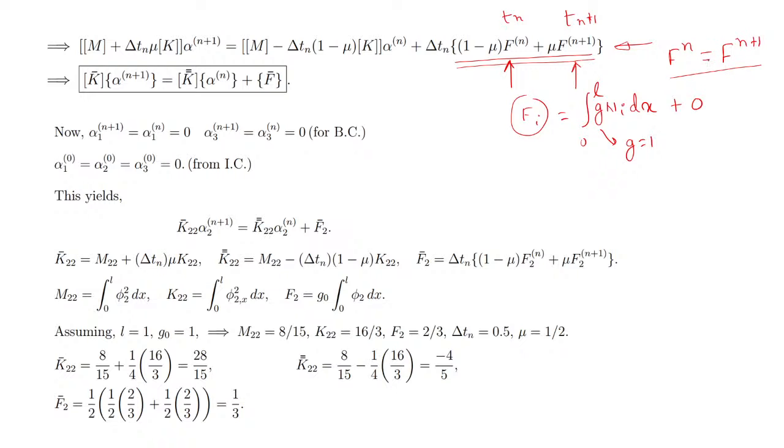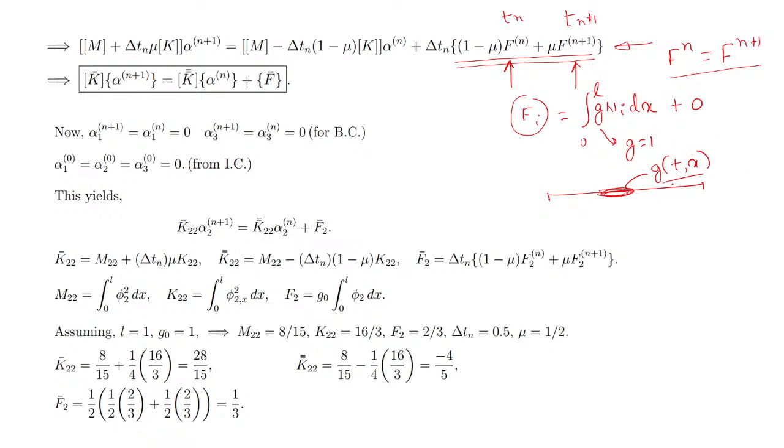So for our problem fn and fn plus 1 is constant, but suppose you have a domain and you have one element inside the domain which is constantly getting heated up. In that case your g will be a function of time t and x.